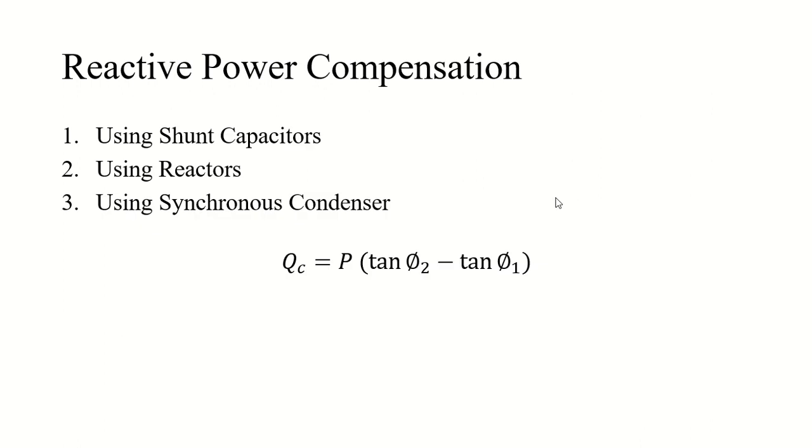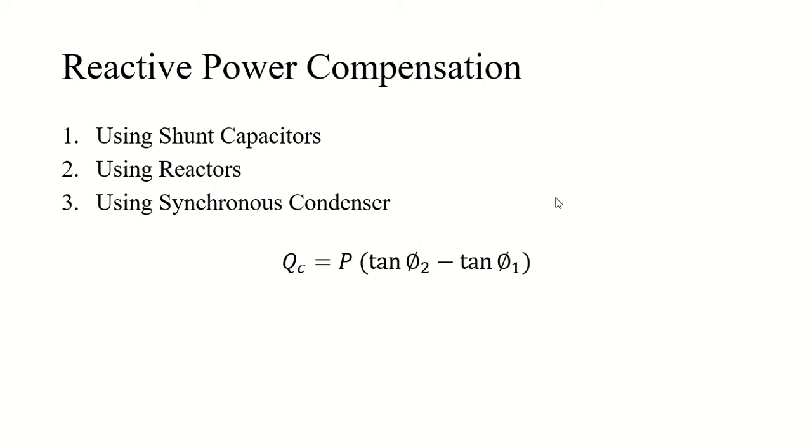So for this reactive compensation, what do we use? If you remember, in the fourth semester you studied in Power System 1, there were three types of compensation devices. First one, in which we use shunt capacitors. Other one is which we use reactors, and the third one is the synchronous condenser.